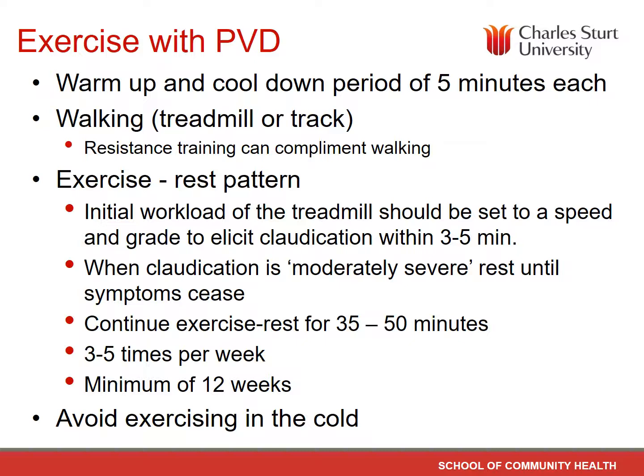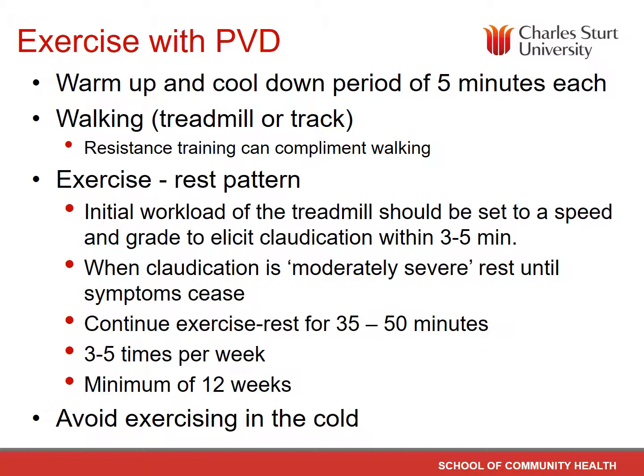Warming up and cooling down is going to be important just to get those vessels open, getting blood down there to the muscles that need it. Walking is the recommended activity. The reason for this being that it can be supervised quite easily. So it could be on a treadmill, it could be on a running track, it could be up and down a hall. It could be with a health professional, or if they're doing it on their own, it could be with a frame so that they can stop and take rest if they need to.